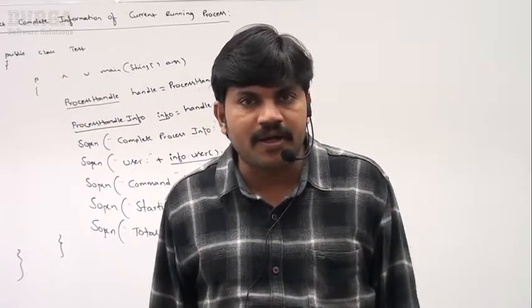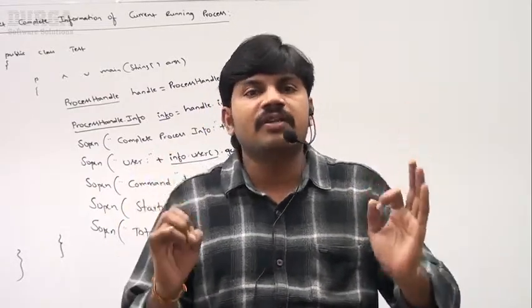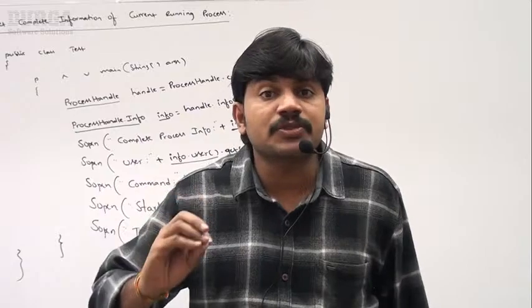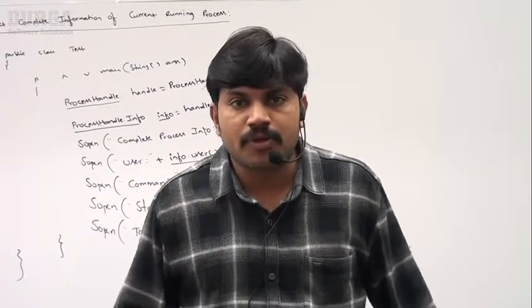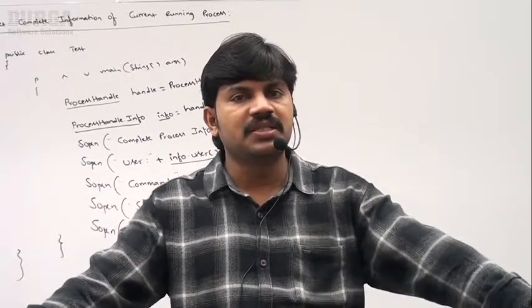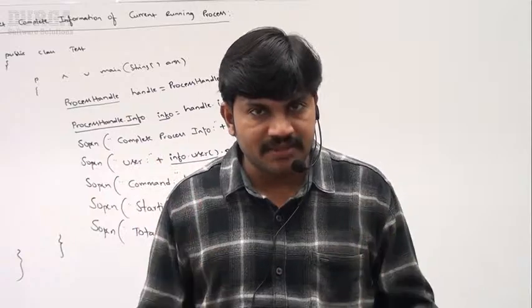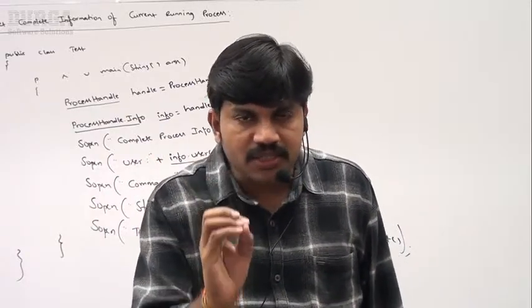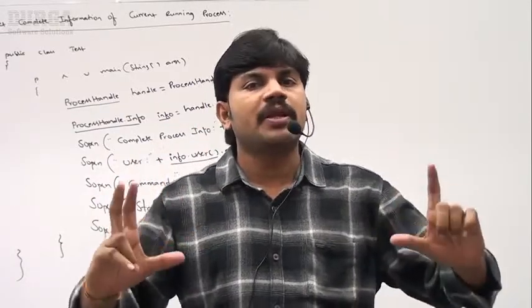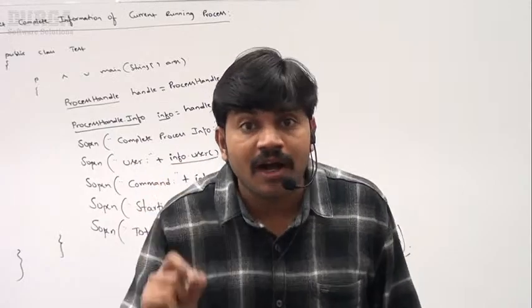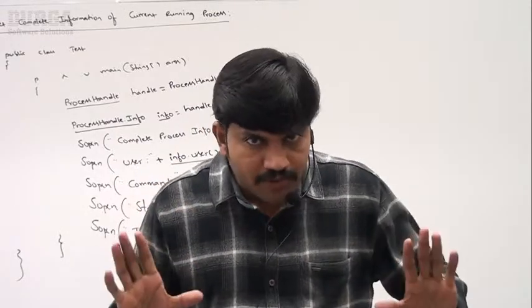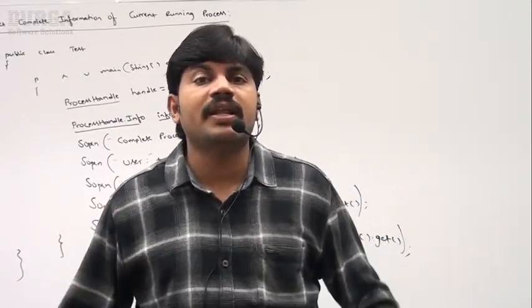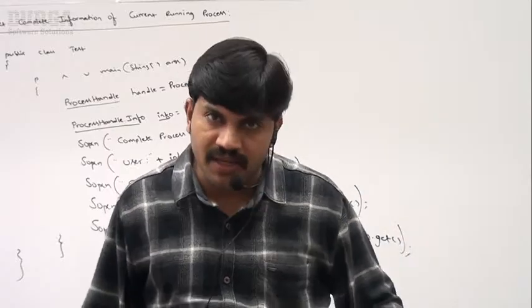Remember, from Java 9 onwards, process management and communicating with the process is very easy because of these enhancements. Clear for all of you, right? So this is one use case: how to print complete information of the current running process. If you feel comfortable, then I will go for the next level, one more example. Clear, right? That's all.